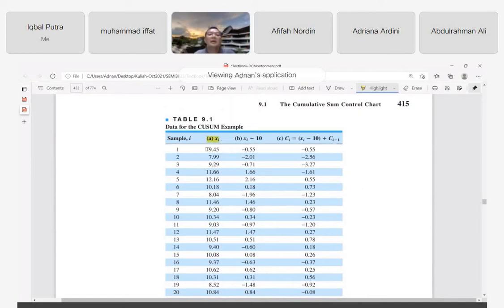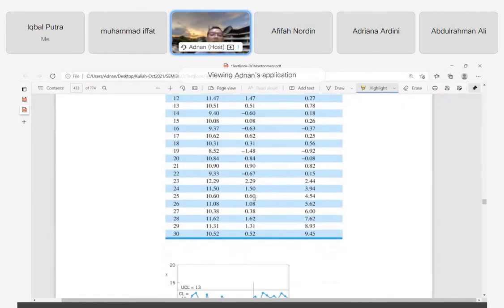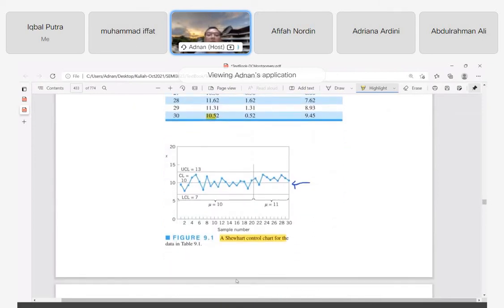Remember, these are individual values. So you have up to 30 values. We plot them on the Shewhart control chart, the regular control chart, which in this case is the X chart. What we see here is that we don't see any shift, unless we look carefully. If we apply Western Electric rules, we may detect something because it's moving up, up, and up, then down and down, up again.